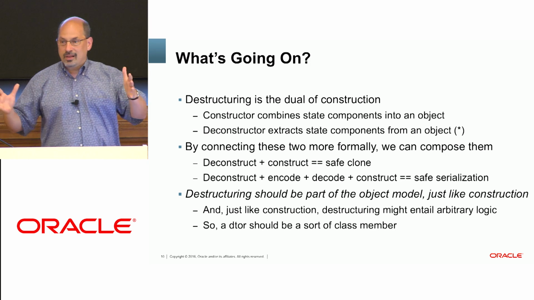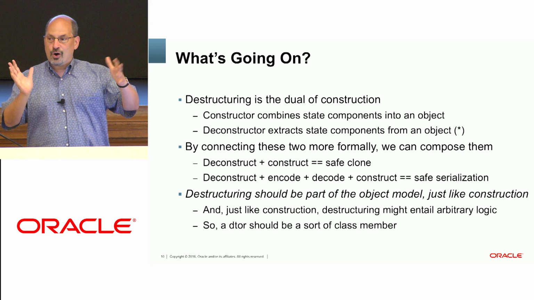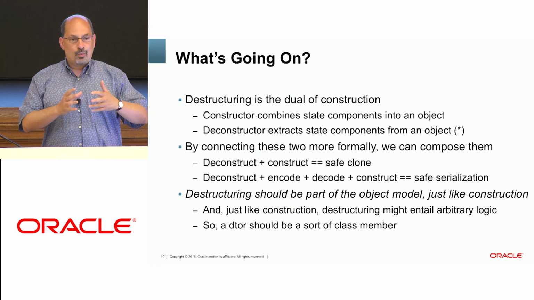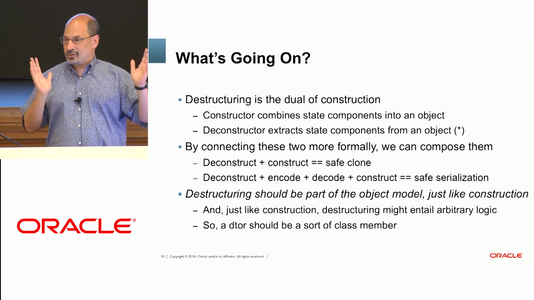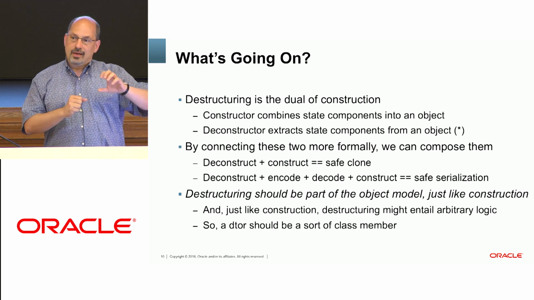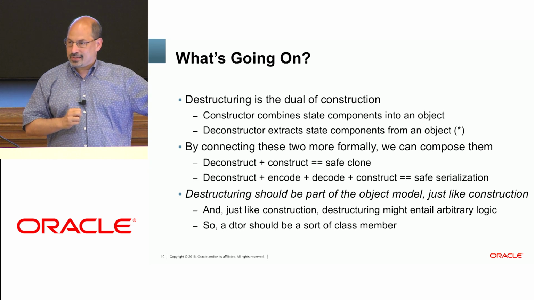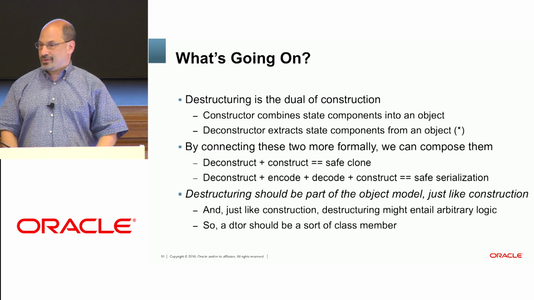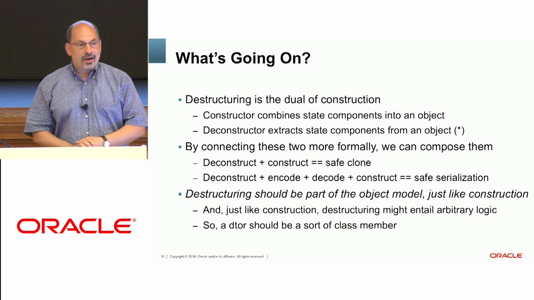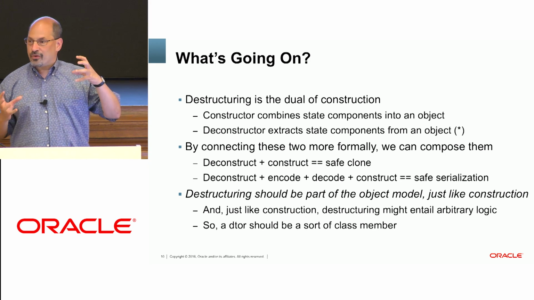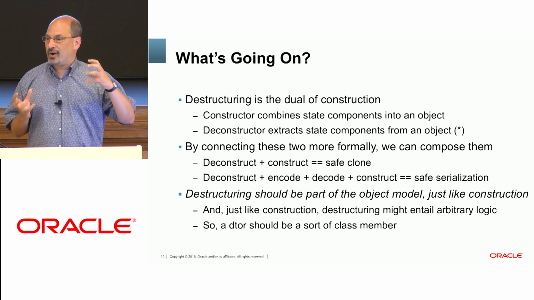If somewhere in the middle I destructure something, I encode it into some XML, JSON, string form, whatever, I pipe that into something that decodes the elements and back into the constructor. That's a serializer, right? So these two things work very naturally as complements as part of the object model.